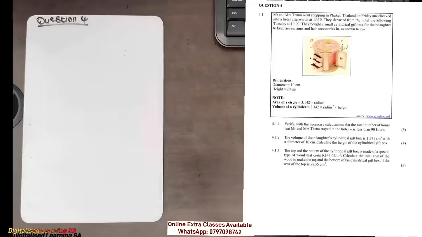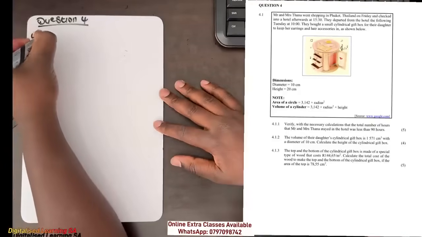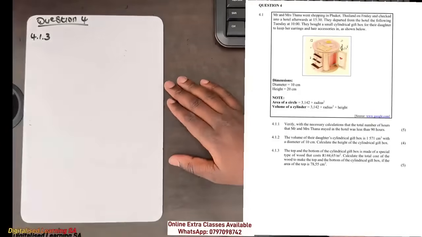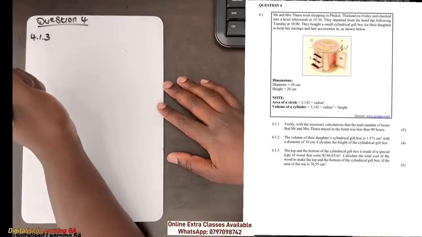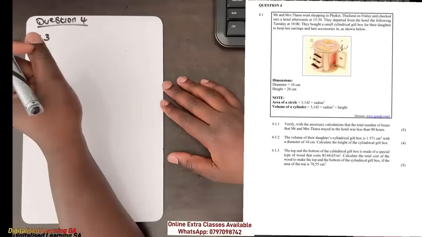Okay, so now let's move to question 4.1.3. Question 4.1.3 says that the top and the bottom of the cylindrical gift is made of a special type of wood that costs 144.65 rand per meter squared.